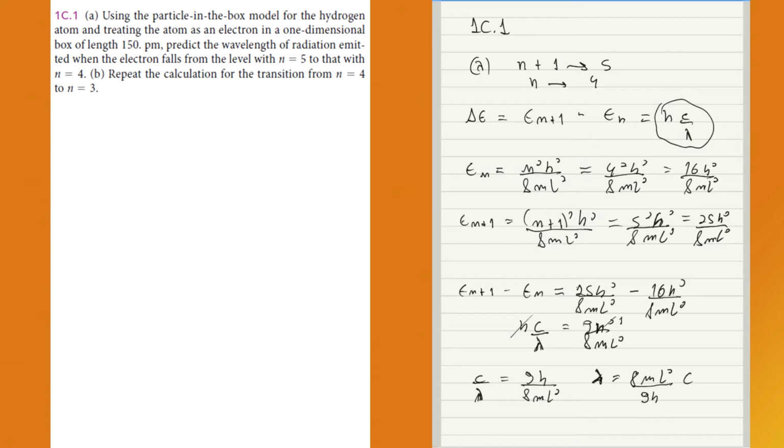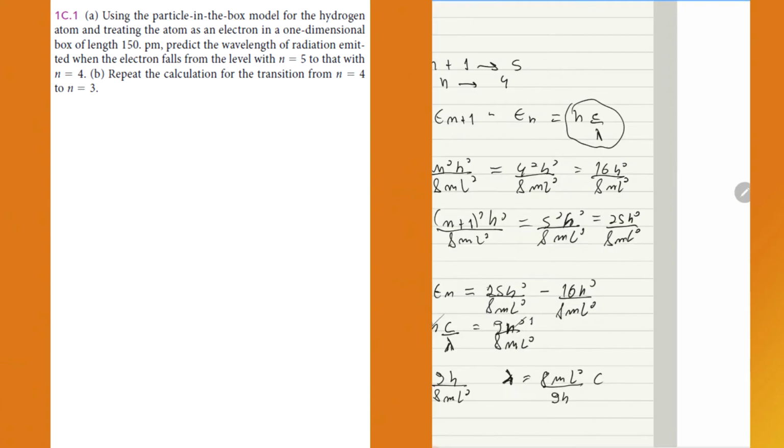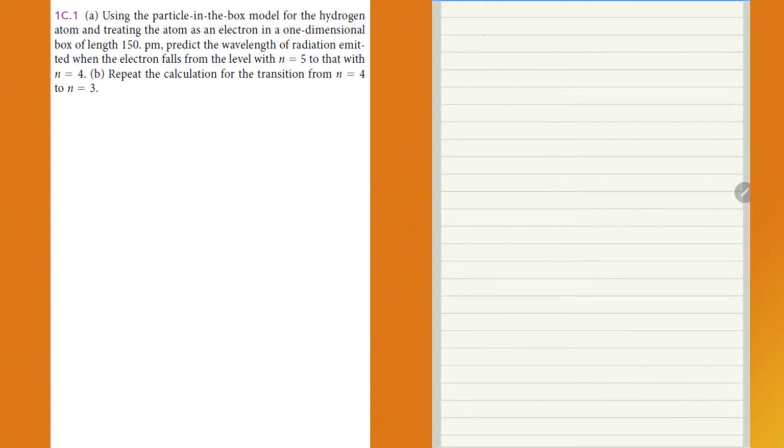So that's the equation where we will substitute the values for m, L, c and h. So I'll open another page here. We knew that the wavelength is equal to 8 m L squared over 9 h times c.